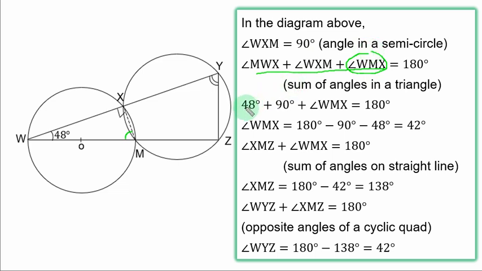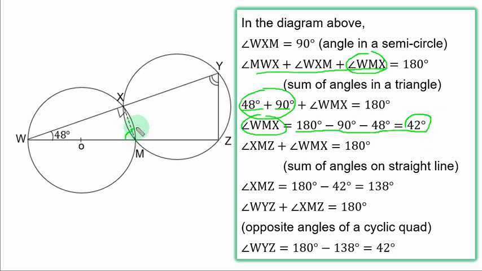The rest 2 angles are 48 and 90 respectively. So WMS is equal to, you transfer these 2 angles to the right hand side and you have 180 degrees minus 90 degrees minus 48 degrees and is equal to 42 degrees.